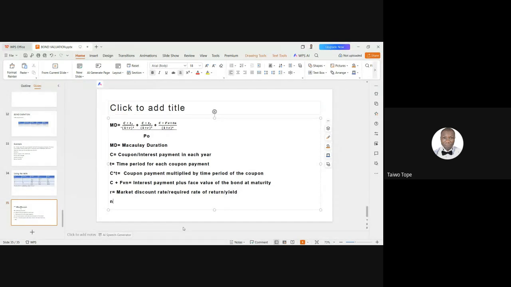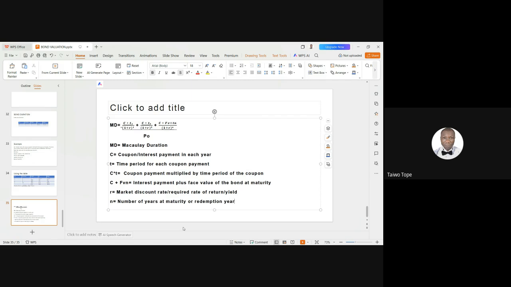Also, we have N, the number of years at maturity, or the redemption year.